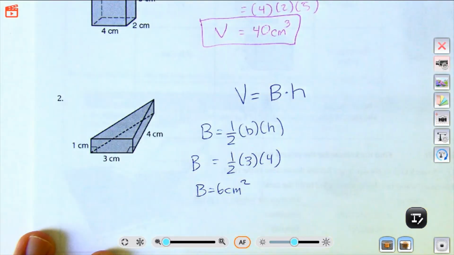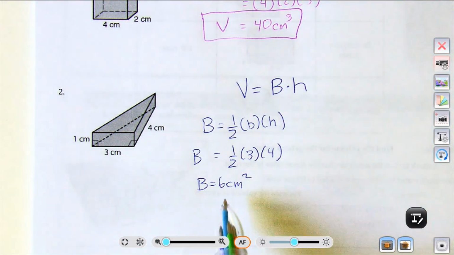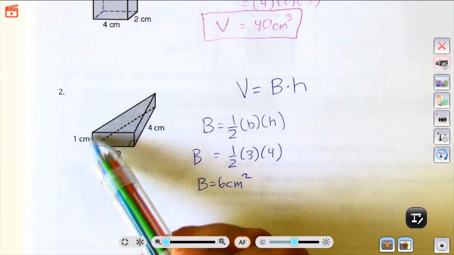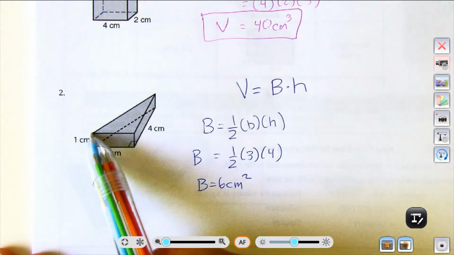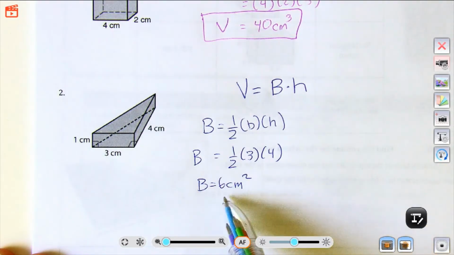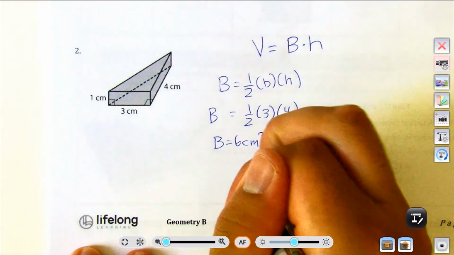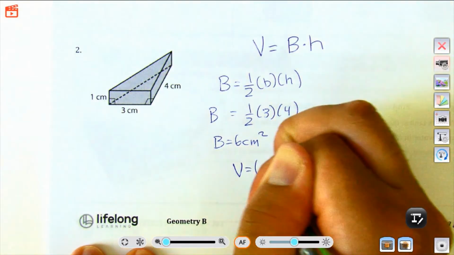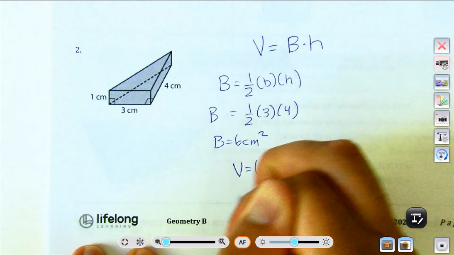So now that I have the base, I know the height of the object is 1 because as you can see, it's going up 1. The height is 1 and the base is 6. So now I could complete this formula. The volume is equal to 6 times 1, which is 6 centimeters cubed.